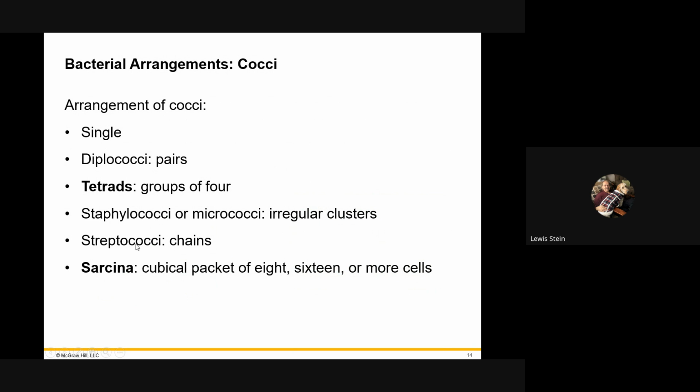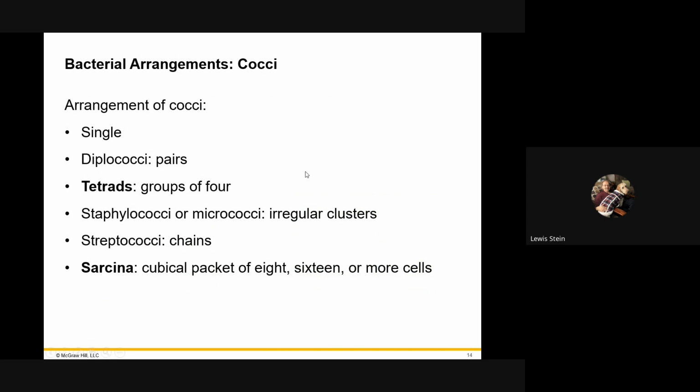So you see the name streptococci for chains. Pairs would be diplococci. And a lot of times we'll talk about streptococcus pneumonia and diplococcus pneumonia and pneumococcus. They're all the same bacteria. They're the leading cause of bacterial pneumonia.